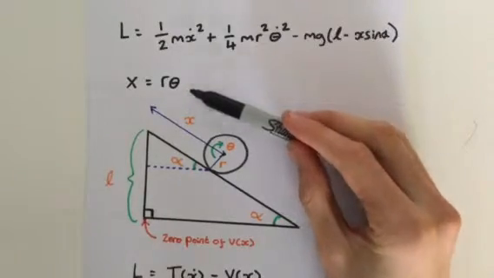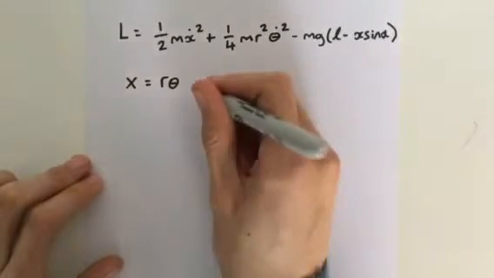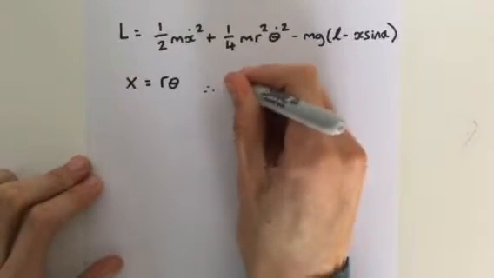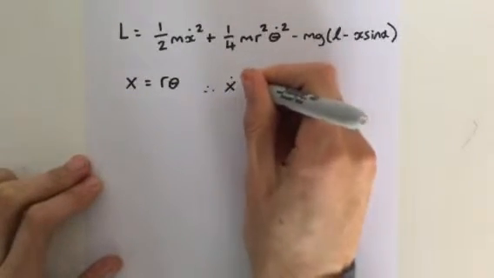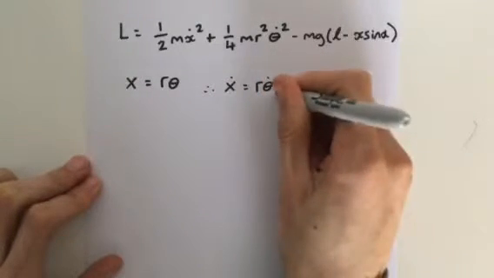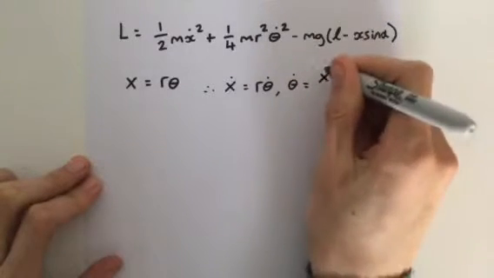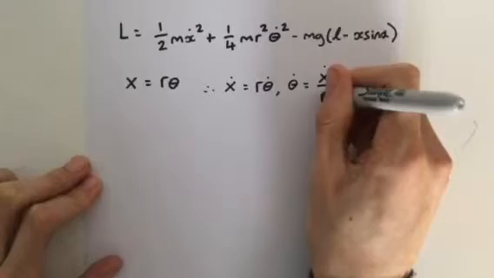Alright, so that's our equation of constraint. Therefore, we differentiate and get x dot equal to r theta dot, and we can rearrange for theta dot equal to x dot divided by r.